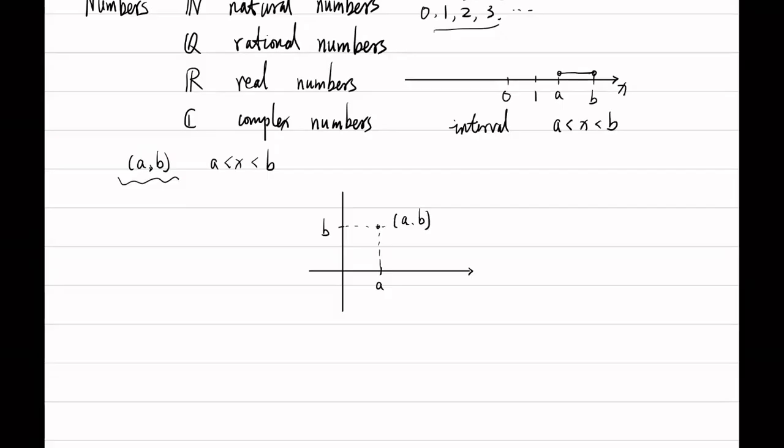So the same notation, a comma b, a comma b, depends on the context. Do we mean an interval or do we mean a point on the plane?